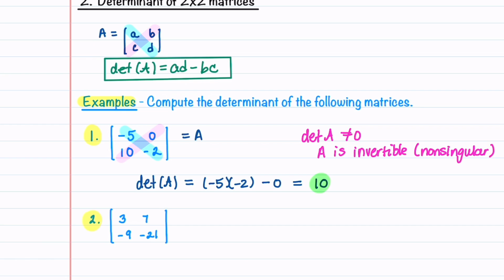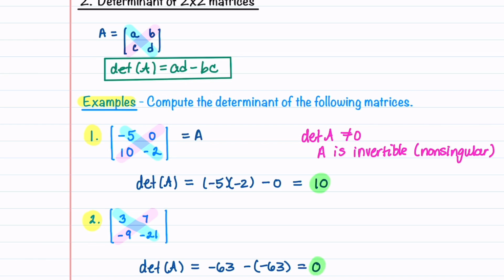Let's now look at our second example. Just like we did in the first example, we're going to multiply the main diagonal and subtract off the off-diagonal. This gives us determinant A is equal to minus 63 minus a negative 63, which gives us a value of 0.